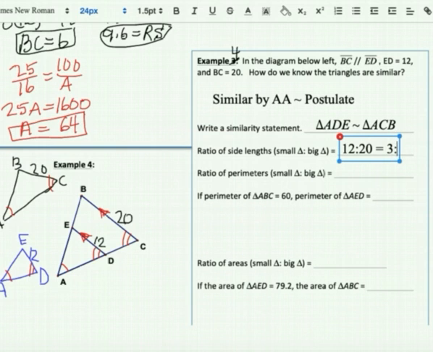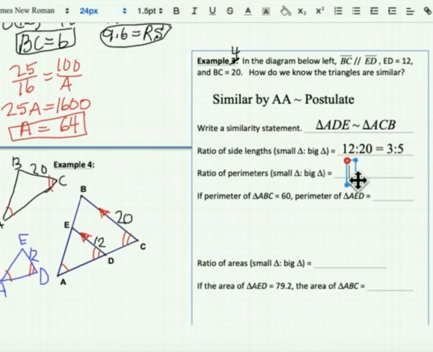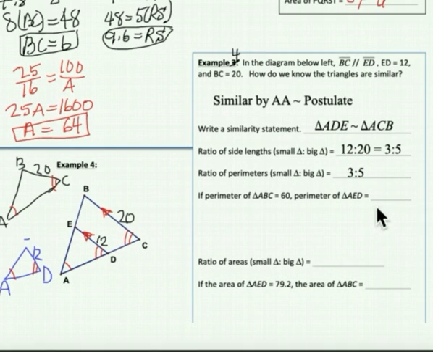So we have a 3 to 5 ratio for the ratio of side lengths. Now that means that the same thing is going to be the ratio of perimeters. So the ratio of perimeters will be the same, 3 to 5. So now let's use this ratio to find the perimeter of triangle AED if I know that the perimeter of triangle ABC is 60.